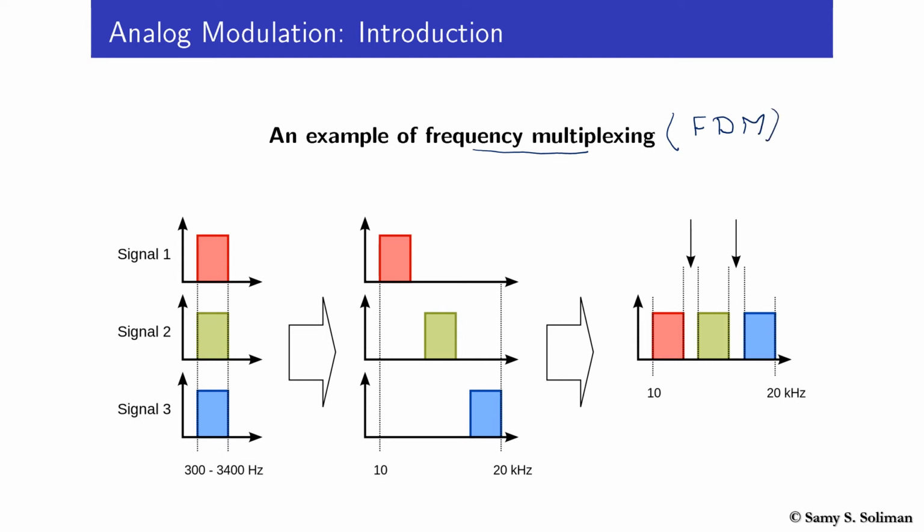So let's imagine that we have three signals, and those three signals are all of the same nature, whether these are different voice signals or different radio channels, and they are all in the same range of frequency. For example, here we have three voice signals in the range of 300 Hz to 3.4 kilohertz.